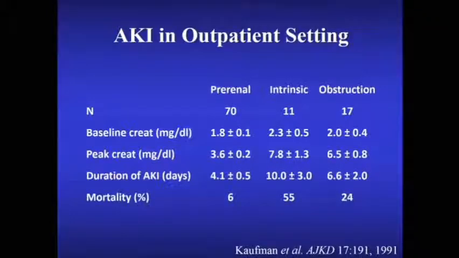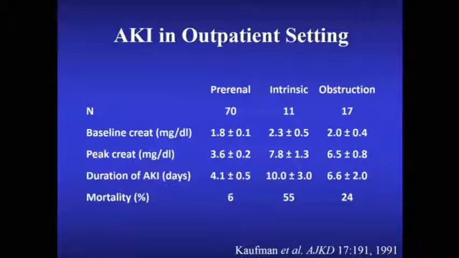This was a study that was done in an emergency department. They just took all comers, there was a nephrologist who adjudicated what the type of kidney injury was, and you can see the distribution here. And then they just looked at several parameters like what was the baseline creatinine, how long was the acute kidney injury, and importantly, what was the mortality.